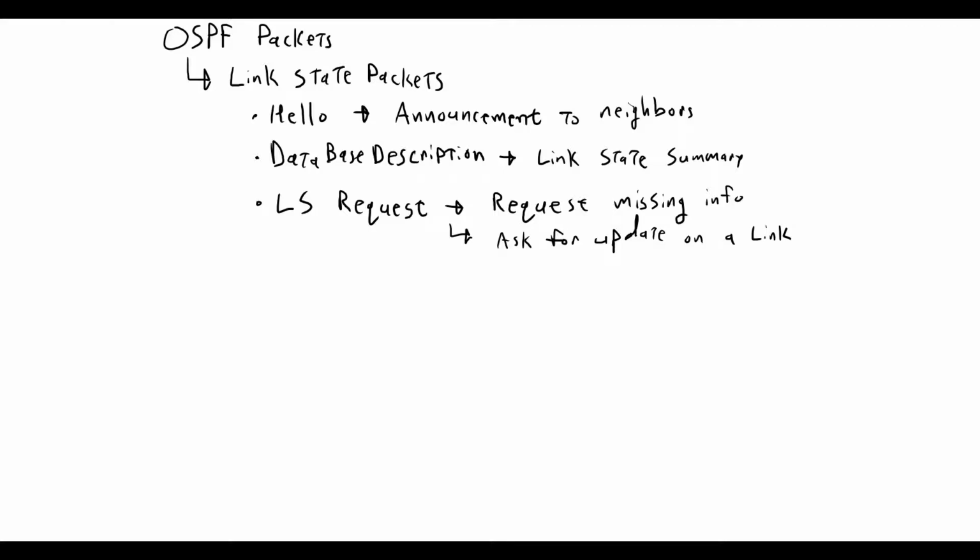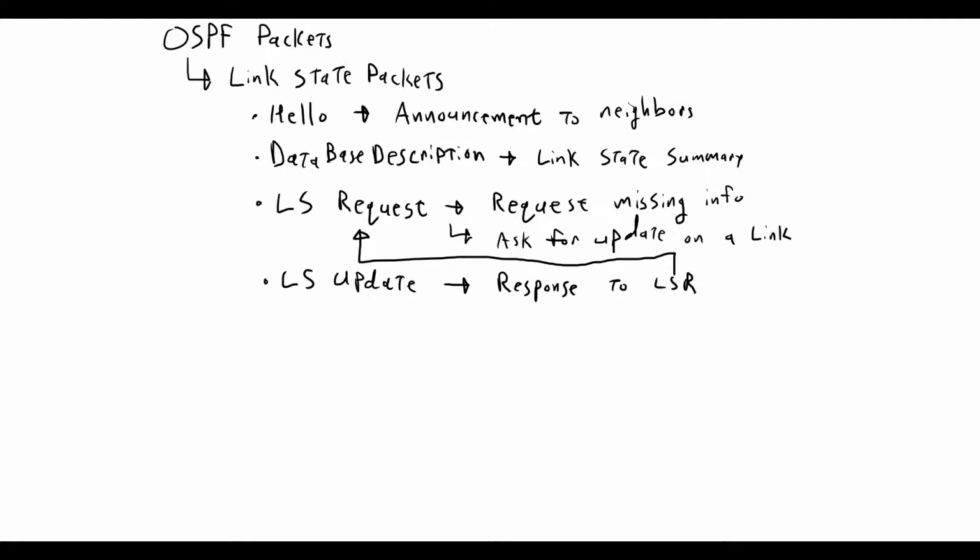There is an LS update. This is either a response to an LSR, which is the one that we just talked about, or this is basically an announcement of a change.